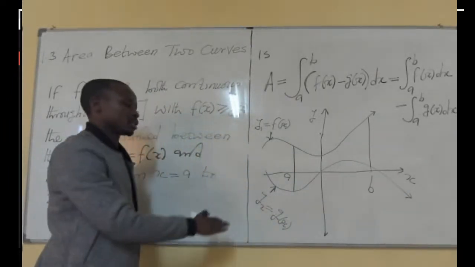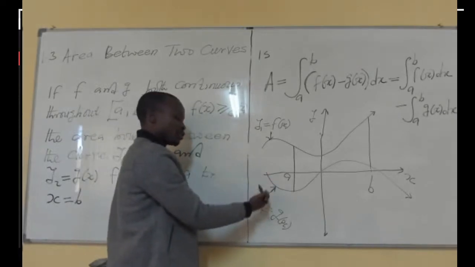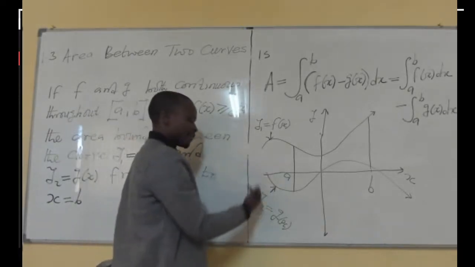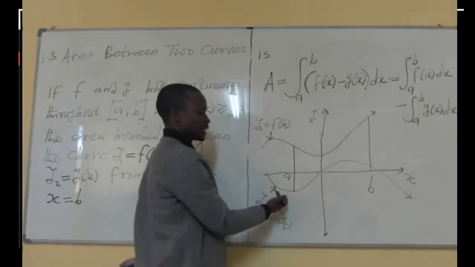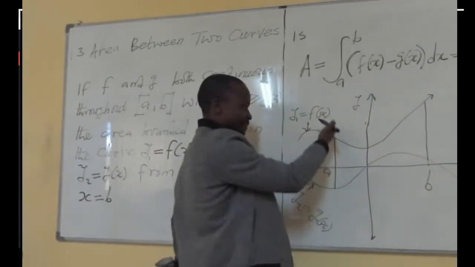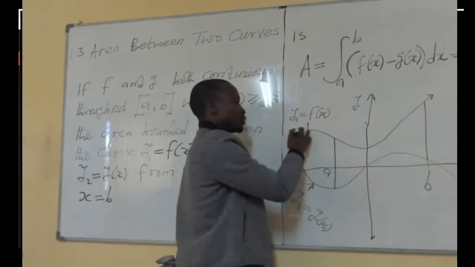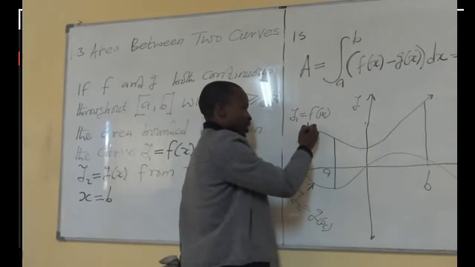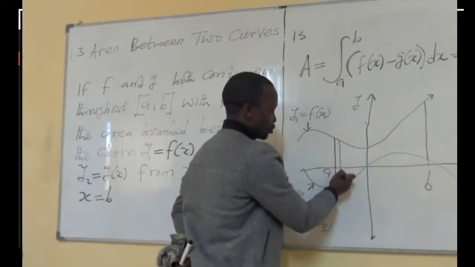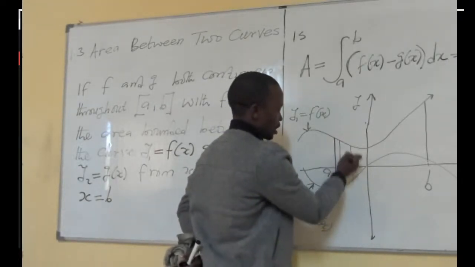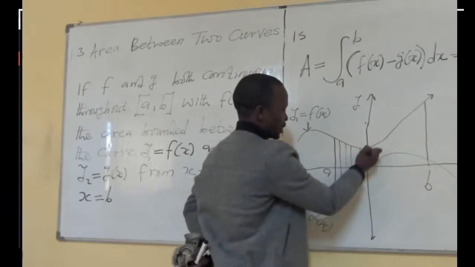Whatever value of x you substitute in g of x, the values of y that you get will always be less than the values you get when you substitute that value of x in the function f of x. So what they are asking you to calculate is the area of this shaded region.